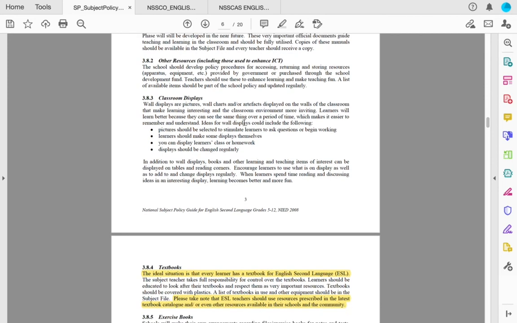And then we have classroom display. They advise teachers to display different posters on the walls. But it might be difficult if the teachers are the ones who circulate, rather than the students circulating. It depends on whatever school that you go to.